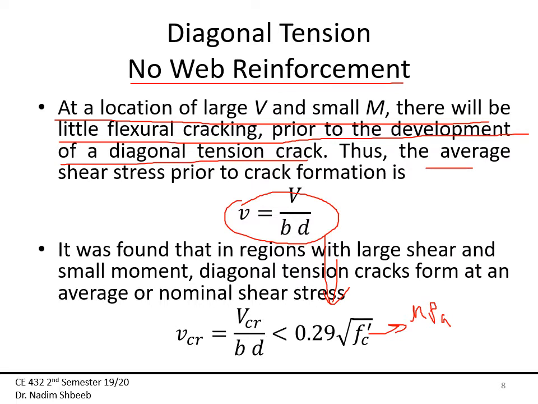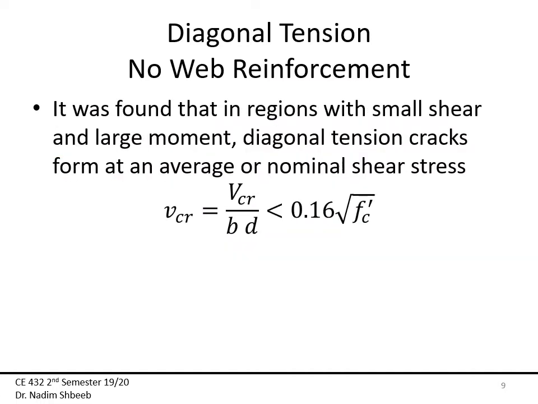That was one of the main reasons we had some major changes in the shear reinforcement calculations in the 19 code when compared to the 2014 code. Now, if we have regions with smaller shear and large moment, then diagonal tension cracks will form at less than 0.16 square root of f'c.